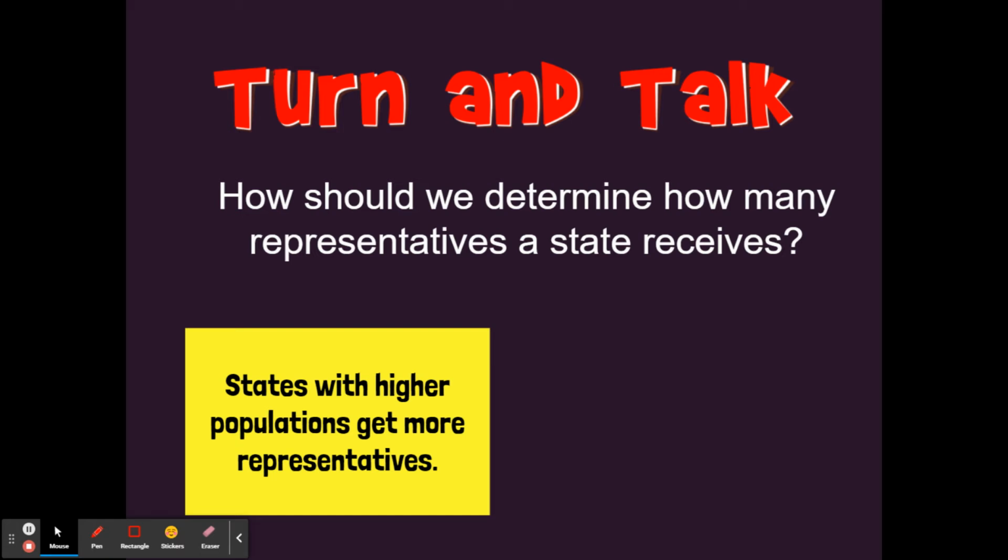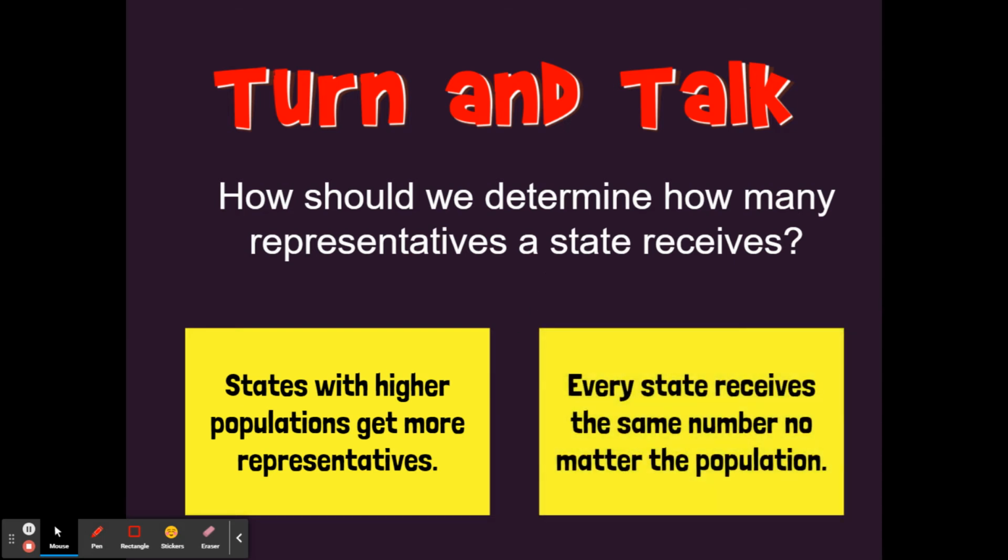A state that's smaller like Rhode Island, only gets to send 2 to make laws. Or should it be equal, meaning every state receives the same number no matter what? So if every state got 2 representatives, which one is the way that we should determine? So good time to pause the video here, have people discuss which is the better method, which is more fair.